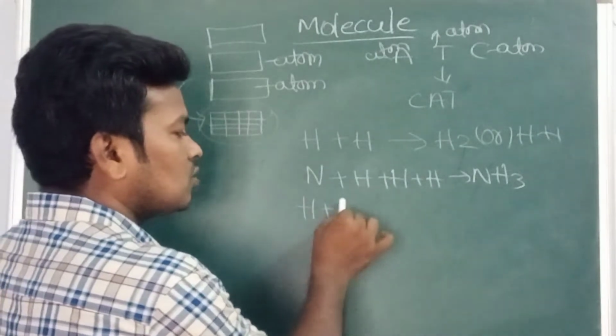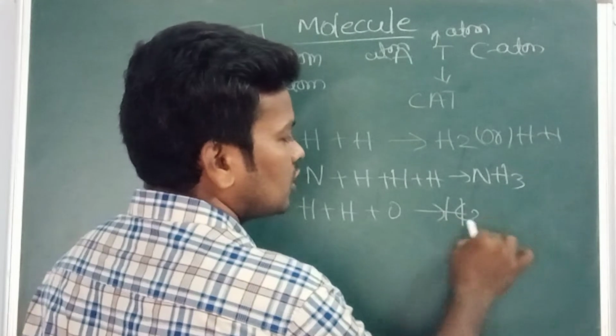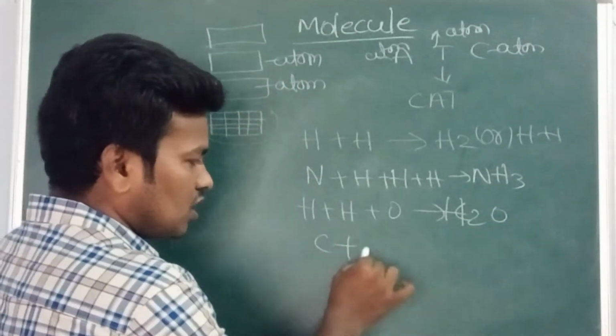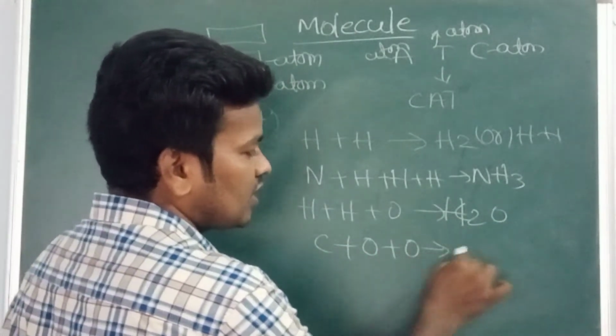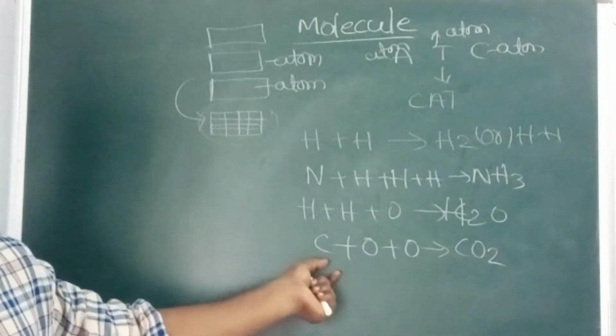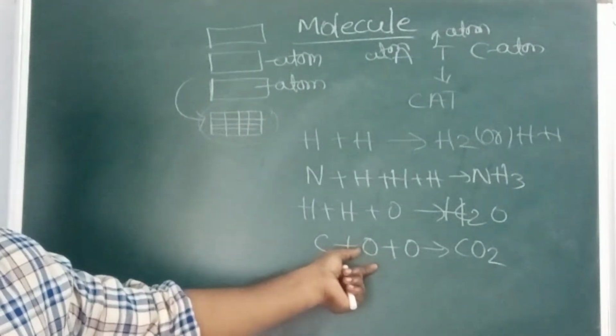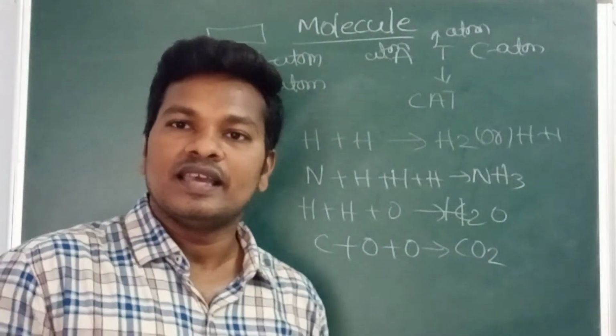Two hydrogen atoms and one oxygen combine to form H2O. One carbon and two oxygens combine to form CO2. The group of atoms combine chemically to form a molecule, and a molecule exists independently.